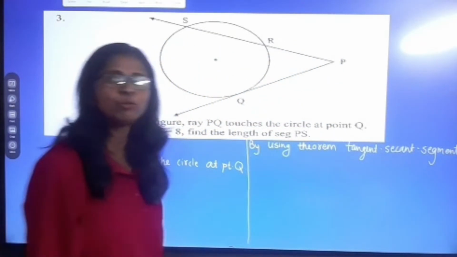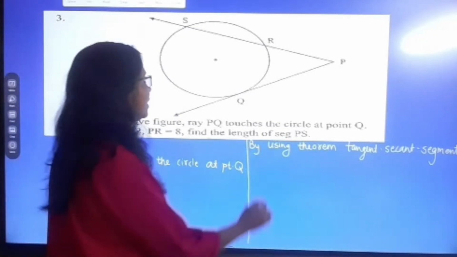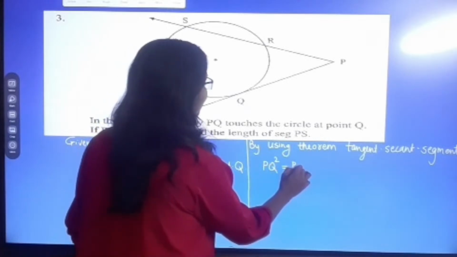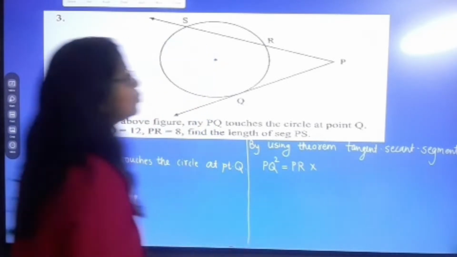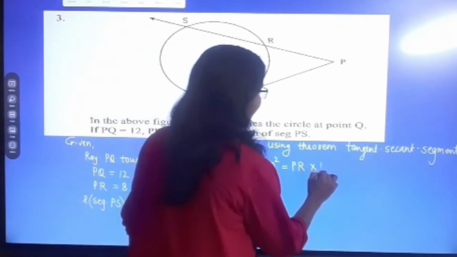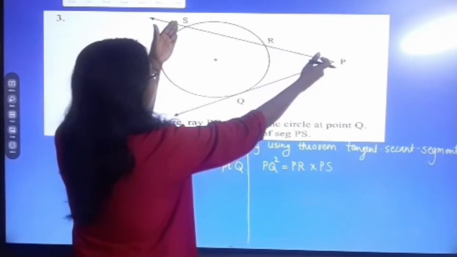So what is that, students? What does the theorem say? The theorem says that PQ square is equal to PR into PS. Okay students? PR into PS. See here, PQ square is equal to PR into PS.